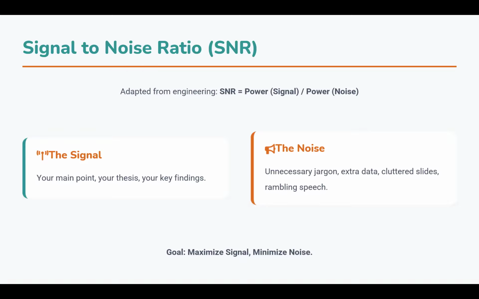So reduce unnecessary jargon, extra data, cluttered slides, rambling speech, or any unnecessary infield thinking. Take them to minimum so that your signal might powerfully project. Your goal is to maximize the signal and to minimize the noise. I wish you understood in your engineering mindset what I'm telling.